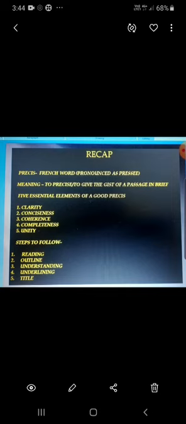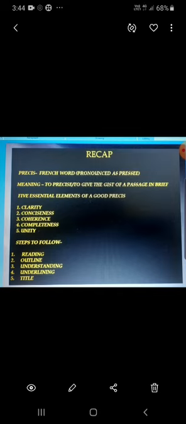Okay, next I told you about the steps you should follow for writing a good Precis. And the first step was reading. You have to read the passage at least thrice thoroughly and carefully. Then next is outline. You have to prepare a mental outline for the Precis while reading it.